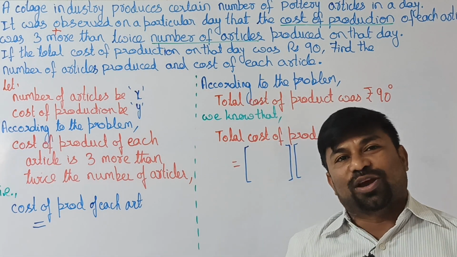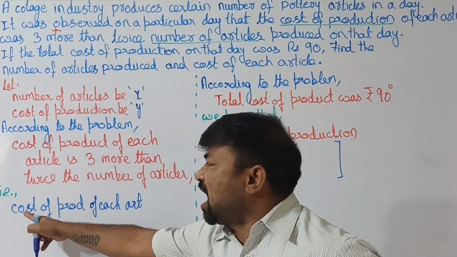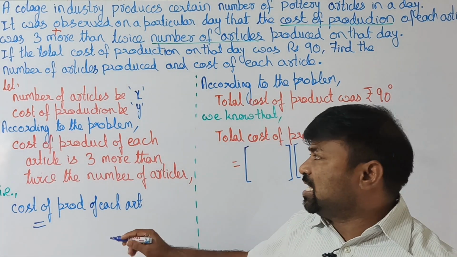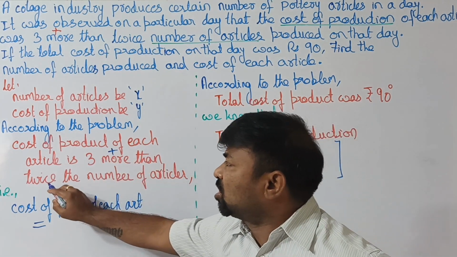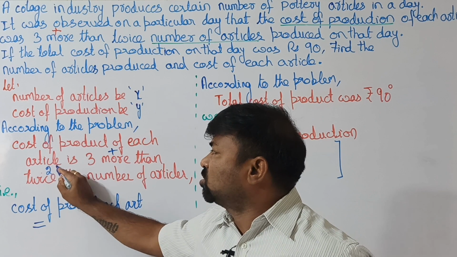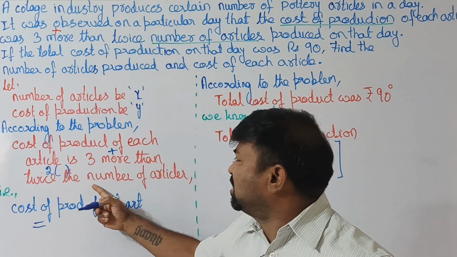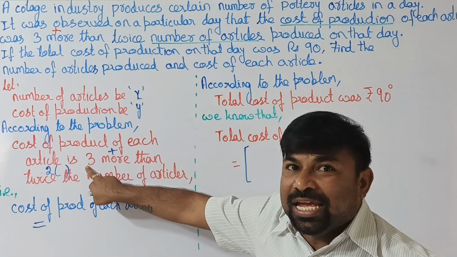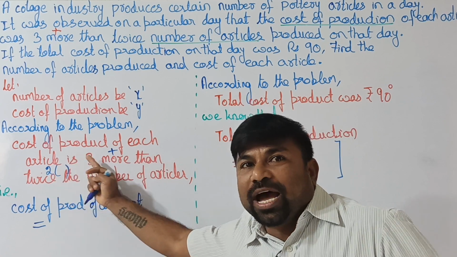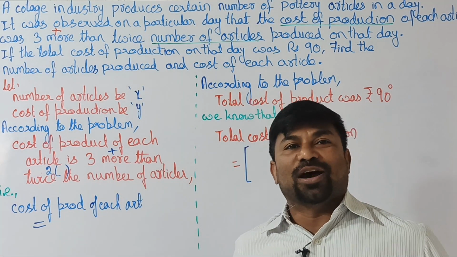That's the beautiful thing you have to remember. Which one is coming first? 3, then plus, then 2 times of something. But I will reverse the order. That's the beautiful thing you have to remember.